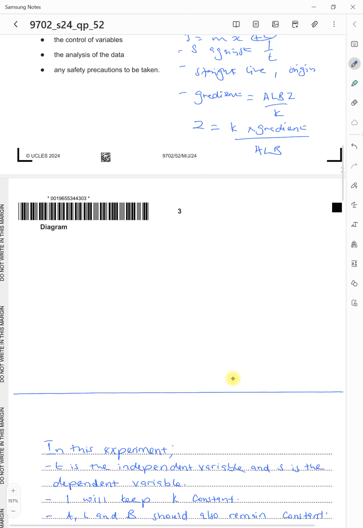So let this be the table or the bench. So this is the bench. And then I'll start by putting here the magnetic sheet. So that is the magnetic sheet. Then I'll add the card.